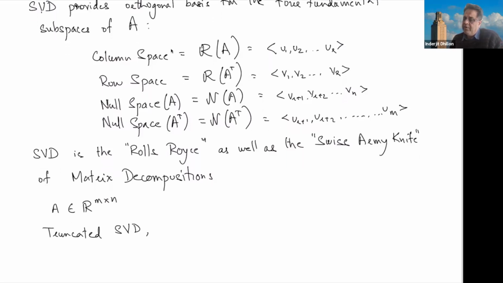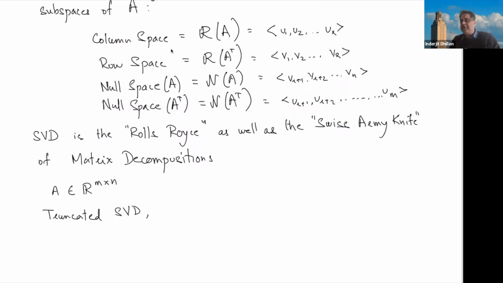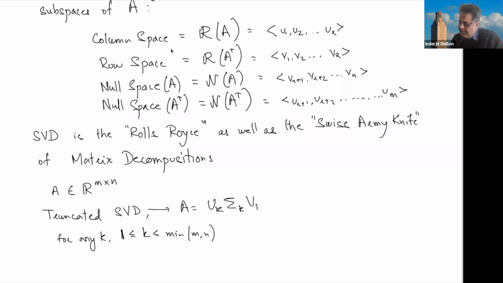Let's consider the truncated SVD, where K is any number in 1 through min(M, N). Let me write AK, the truncated SVD, as UK sigma K VK transpose.